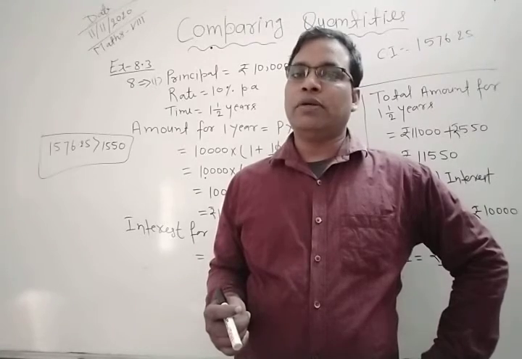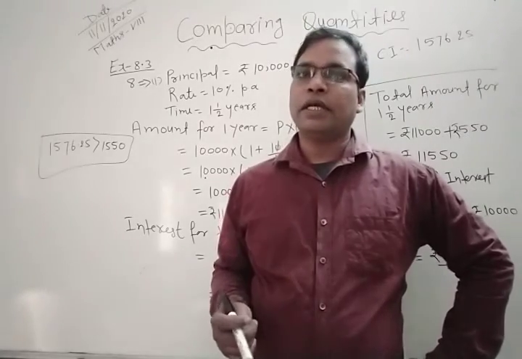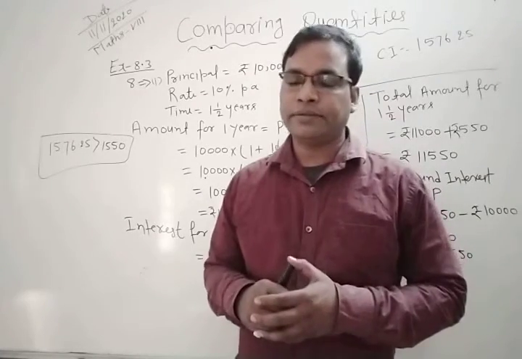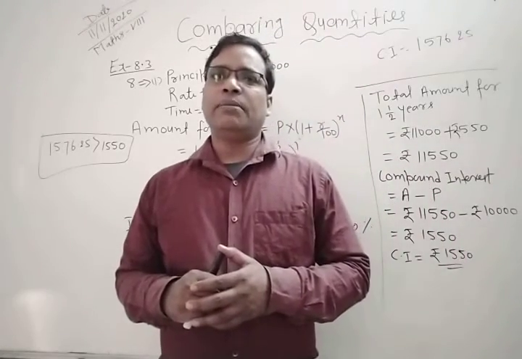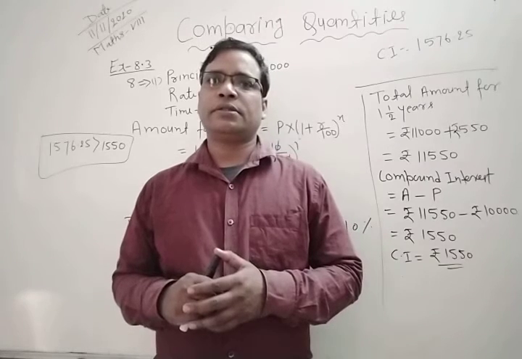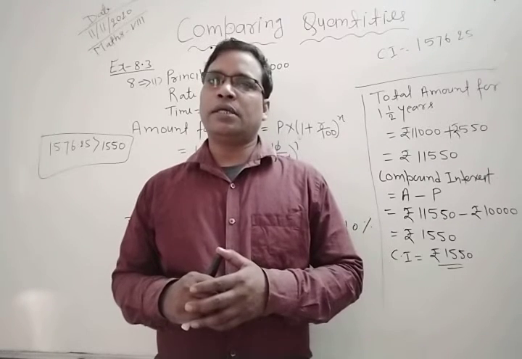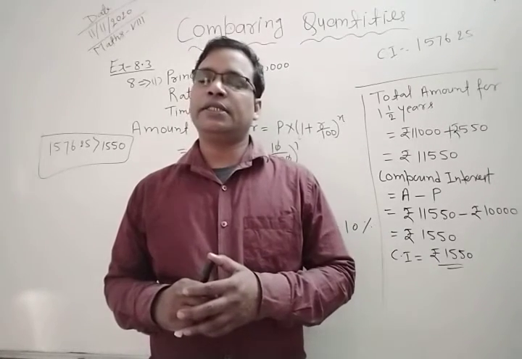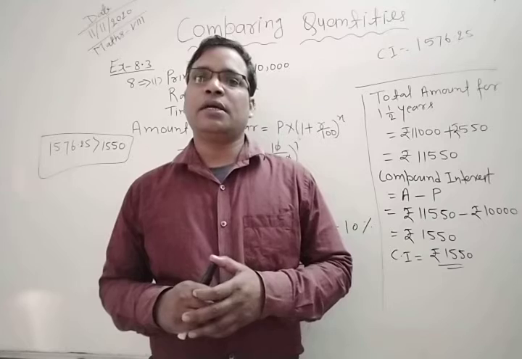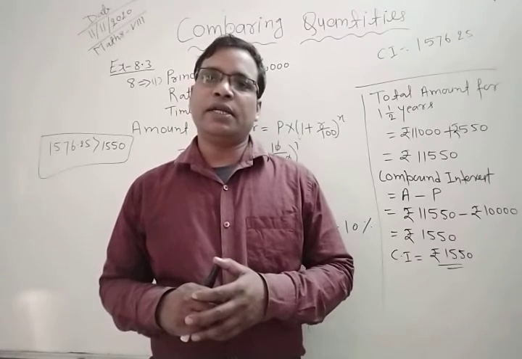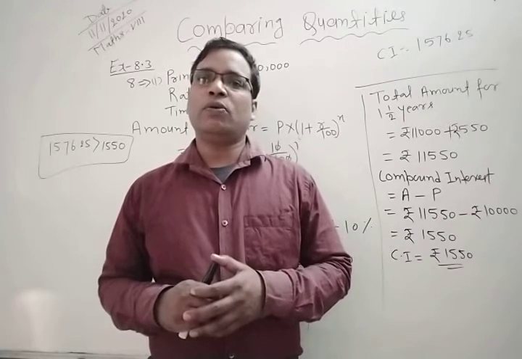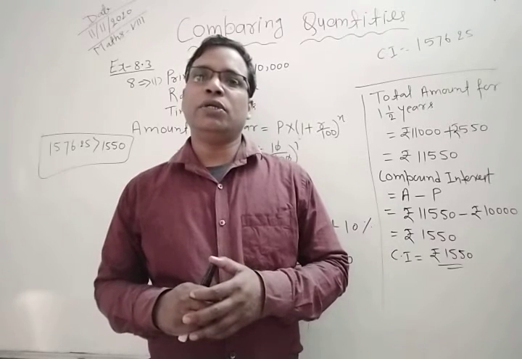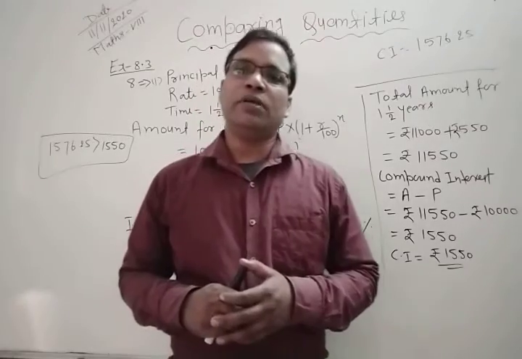So you can say the interest compounded half yearly is more than the interest compounded annually. Okay, so I again repeat this question. In this question, it is given to find the amount and the compound interest on 10,000 for 1.5 years at 10% per annum compounded half yearly, and whether this interest would be more than the interest we would get if it was compounded annually.